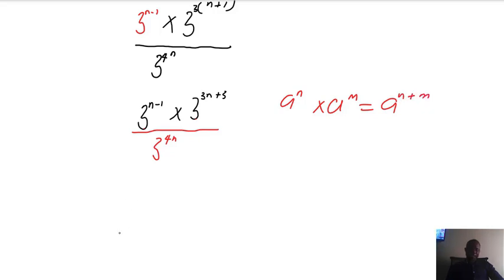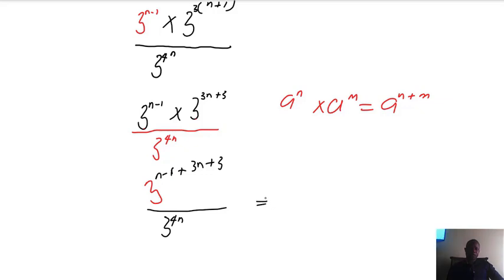So the same thing applies here. So we have 3, then the exponent is n minus 1, then plus 3n plus 3, all over 3 exponent 4n.